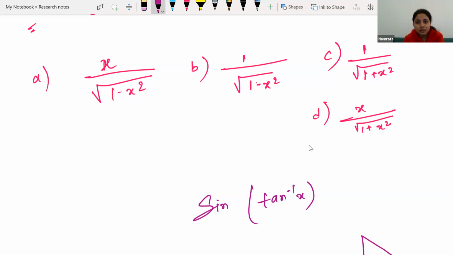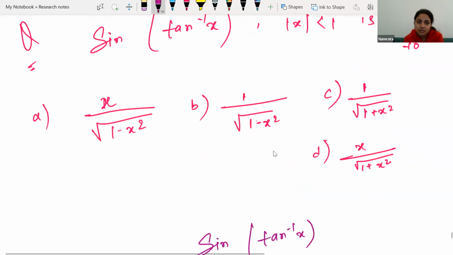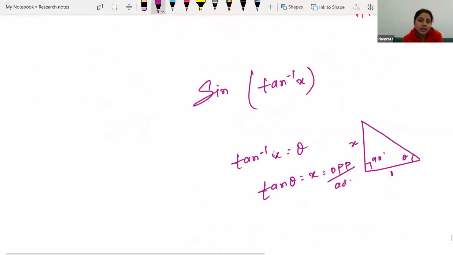Can you see? Yes. That's why I started taking this way. By doing this, we may land on such an answer as given in the options. So tan theta is opposite over adjacent, opposite side is x, adjacent side is 1.